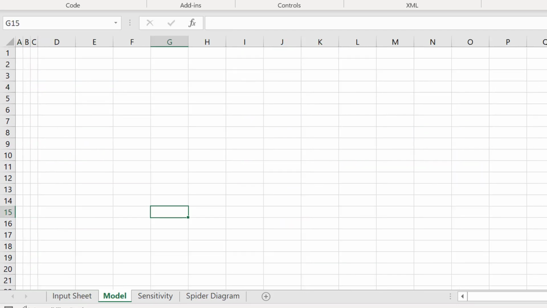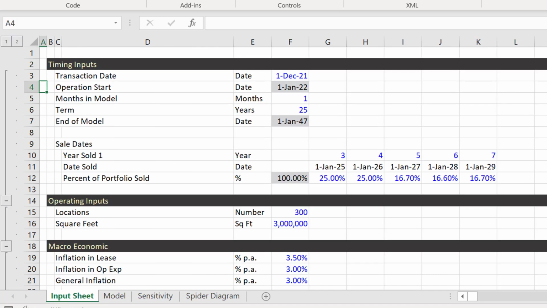All right, and to make our model, the biggest deal for me is to leave a bunch of blanks here. And let's start right at the top with our timing. And let's, up here, put a period, even though we might not need it. But if we have month by month for 25 years, that's annual.